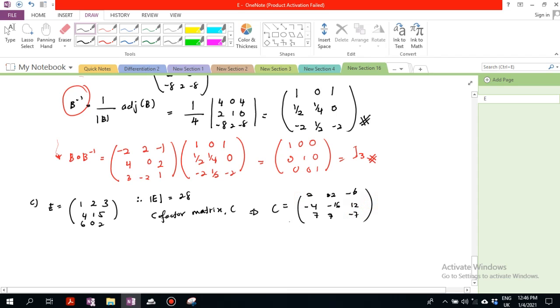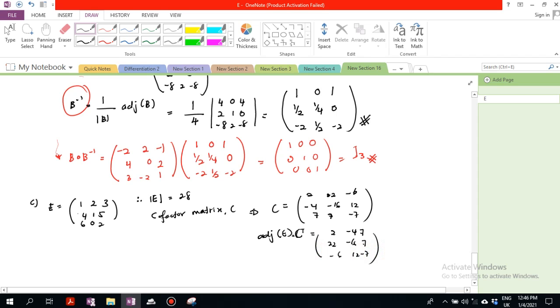Okay, so next you need to do the adjoint of the matrix E, or C transpose. Okay, the cofactor transpose, you will get 2 negative 4 7, 22 negative 16 7, negative 6 12 7.